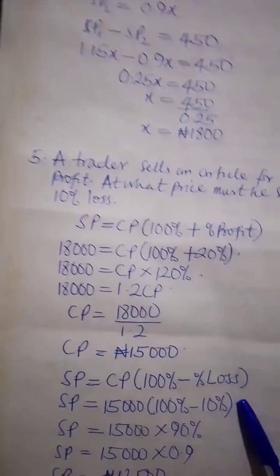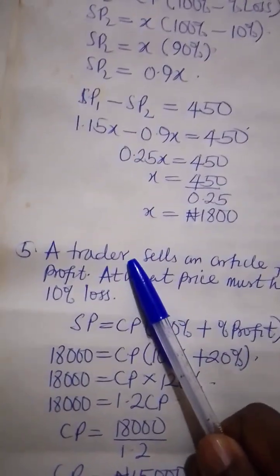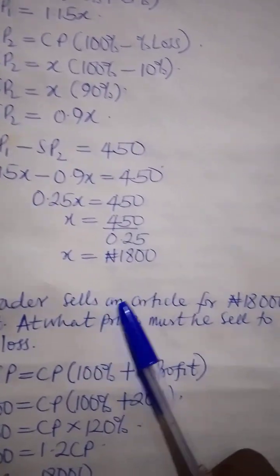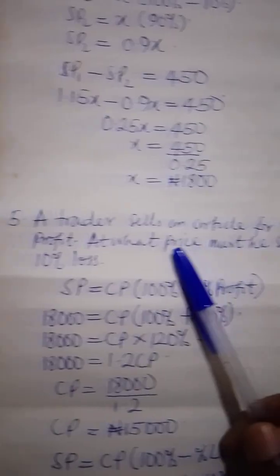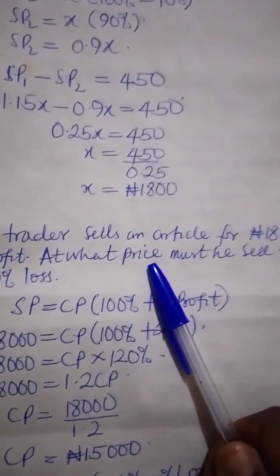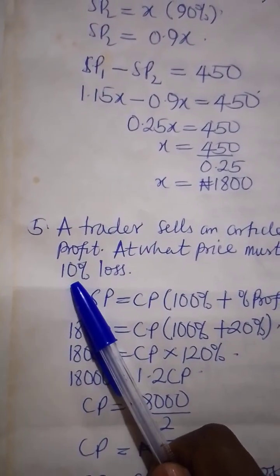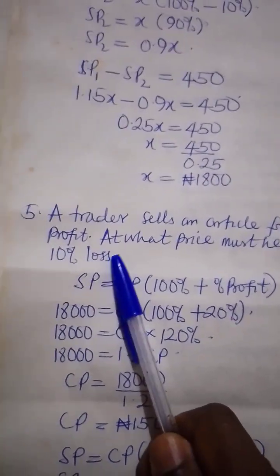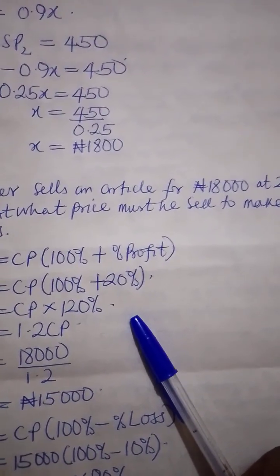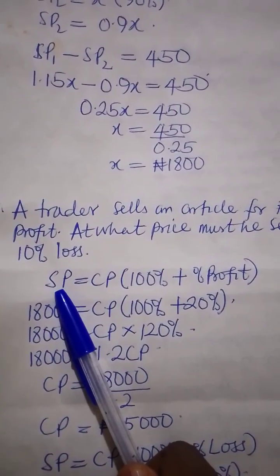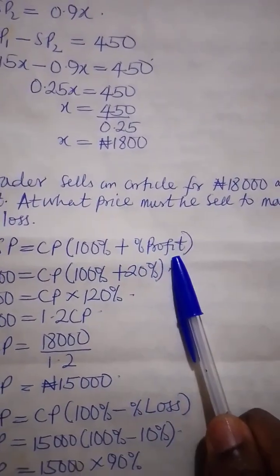Question number 4 was that. So we're looking at question 5 now. A trader sells an article for 18,000 at 20% profit. At what price must he sell to make a 10% loss? So let's see it. SP is CP into 100% plus percentage profit.